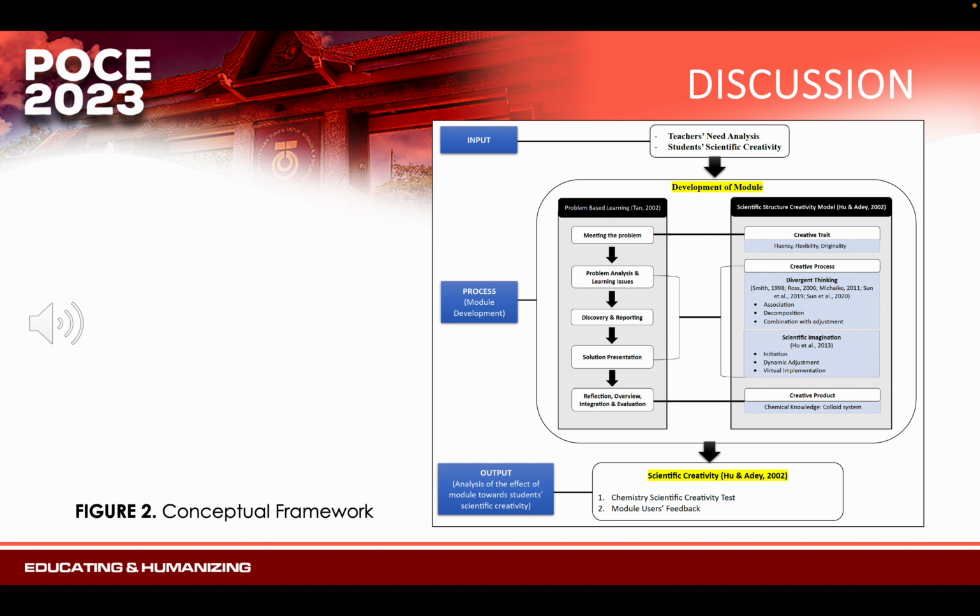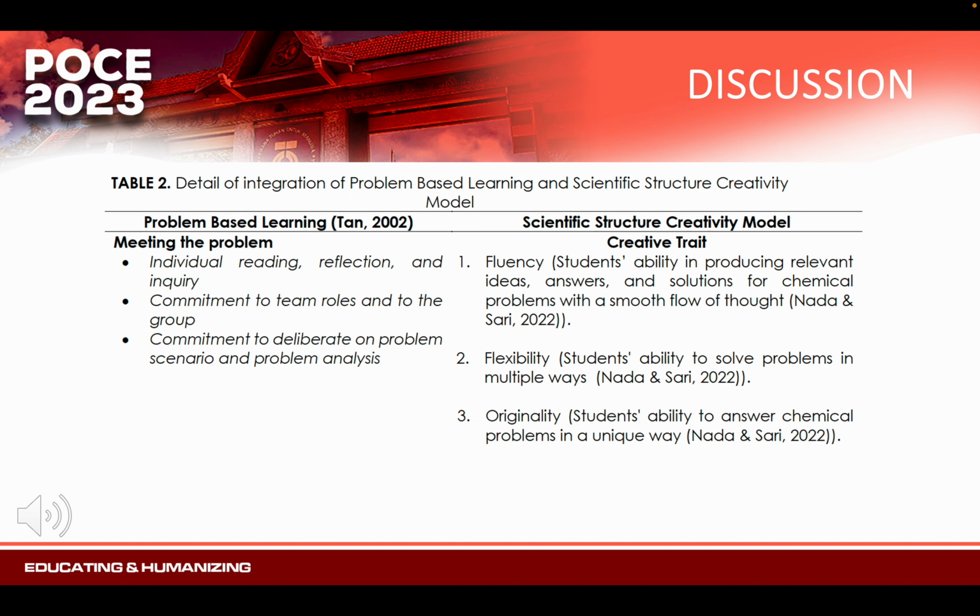So each stage will be combined with the characteristics or dimensions of scientific creativity by Huedi 2002, and I will discuss more detail based on the table too. Okay, for example, the first stage of PBL is meeting the problem.